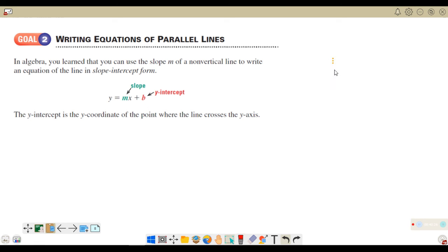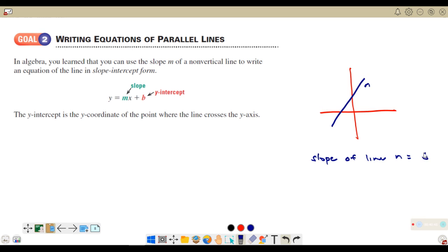So, halimbawa, meron ka ditong isang line. Ayan. Ito yung ating Cartesian coordinate plane. Ito yung ating line, say for example, line N. And the slope of line N is equal to, halimbawa, 5.